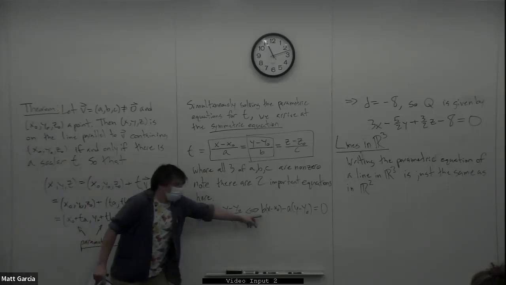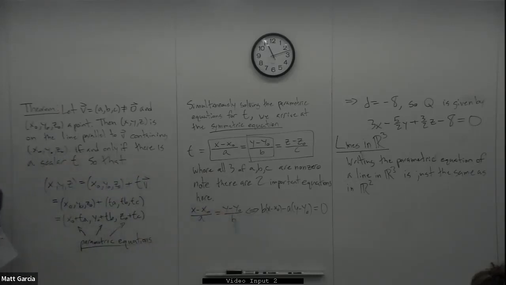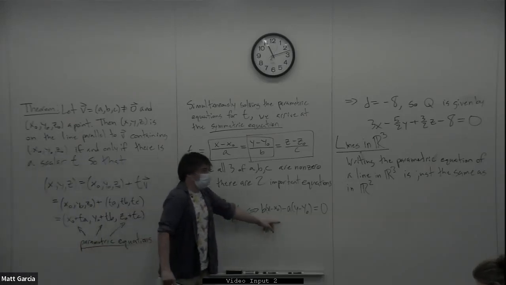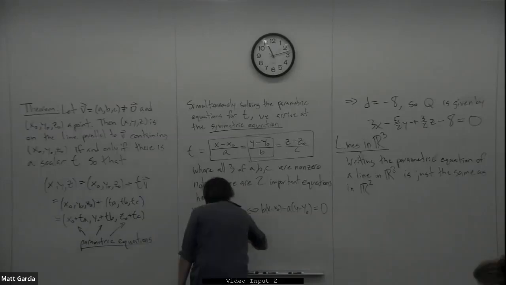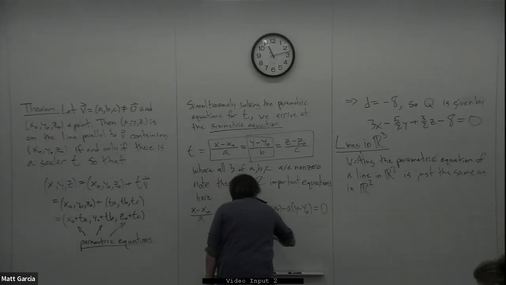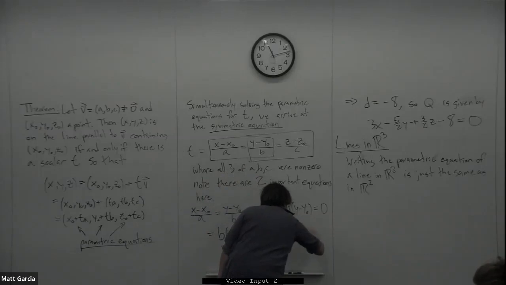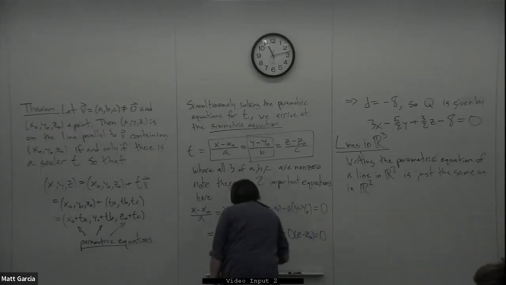What geometrically does this specify in R3? Anybody? We're just talking about these things. This specifies a plane. Right? It's the standard equation of a plane where the coefficient on (z minus z naught) is equal to 0. So I'll write this out, where this is actually b times (x minus x naught) minus a times (y minus y naught) plus 0 times (z minus z naught) equals 0. A plane.